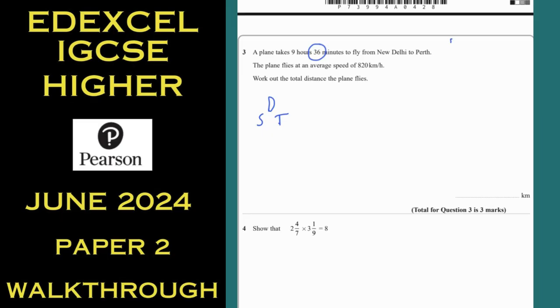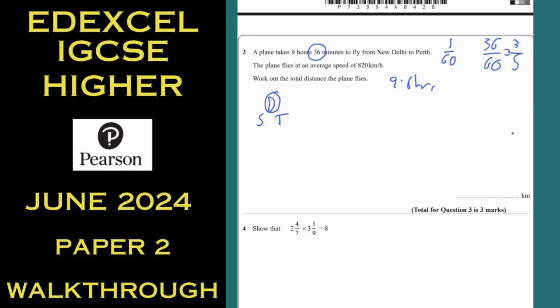Minutes, don't forget, are 1/60th of an hour. So 36 minutes is 36/60ths of an hour. That does actually cancel down to 3/5. Or if you want to go even further, you can rewrite it as 9.6 hours.